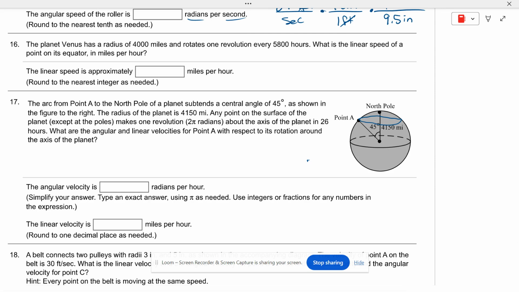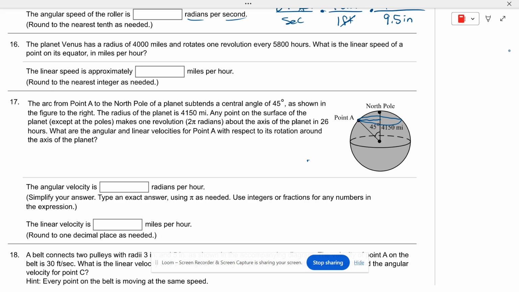Is the circle up here the same size as the equator? No. So the radius of the circle is not the planet's 4,150 miles. This radius is different. Okay? This radius is whatever it is across there.